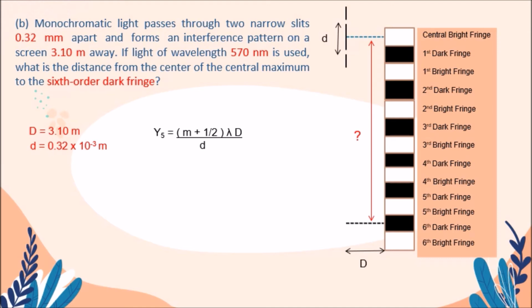And the wavelength given is 570 nanometer. We convert it to meter and it will be 570 times 10 to the power of negative 9 meter. And the last one is order number, which is 5.